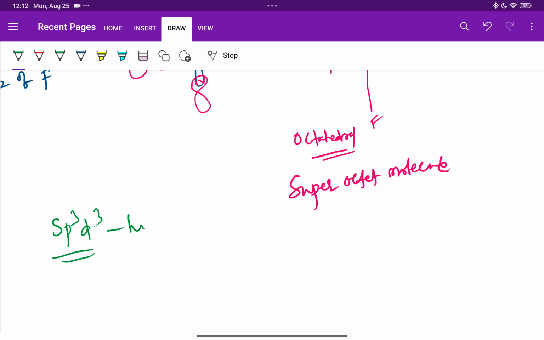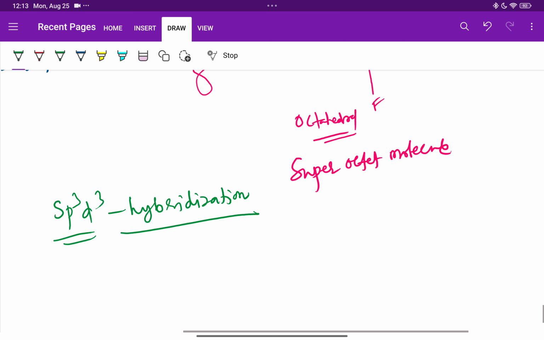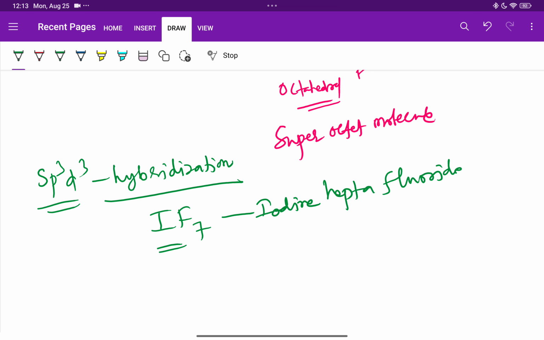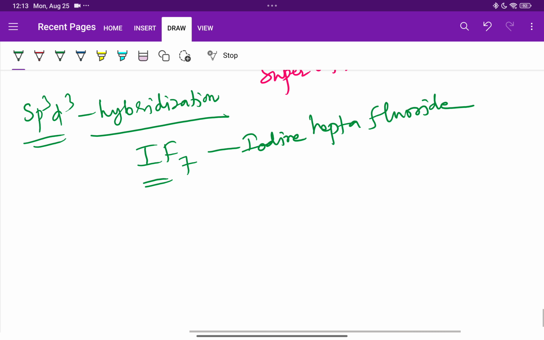And last but not least, that is sp3d3 hybridization. The exemplary molecule is IF7, iodine heptafluoride. Very, very, very important. And here the iodine is the central atom, its atomic number is 53.